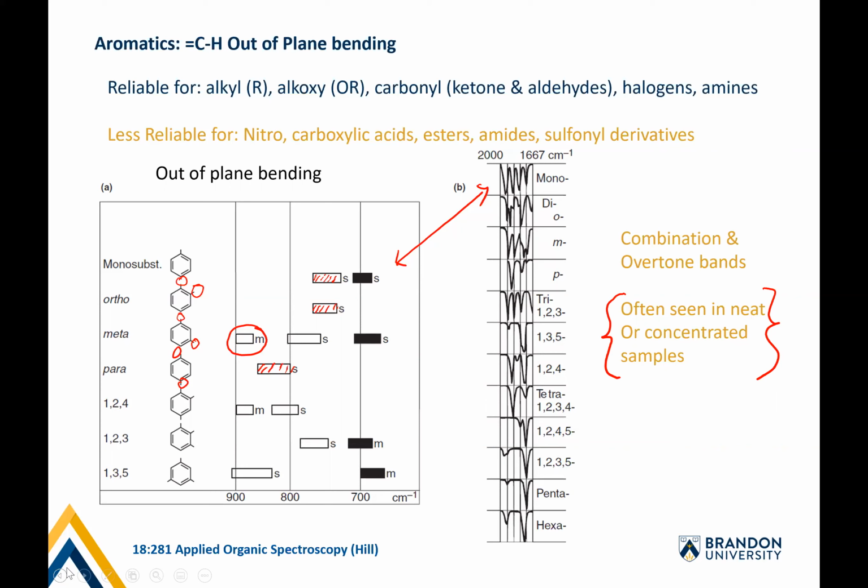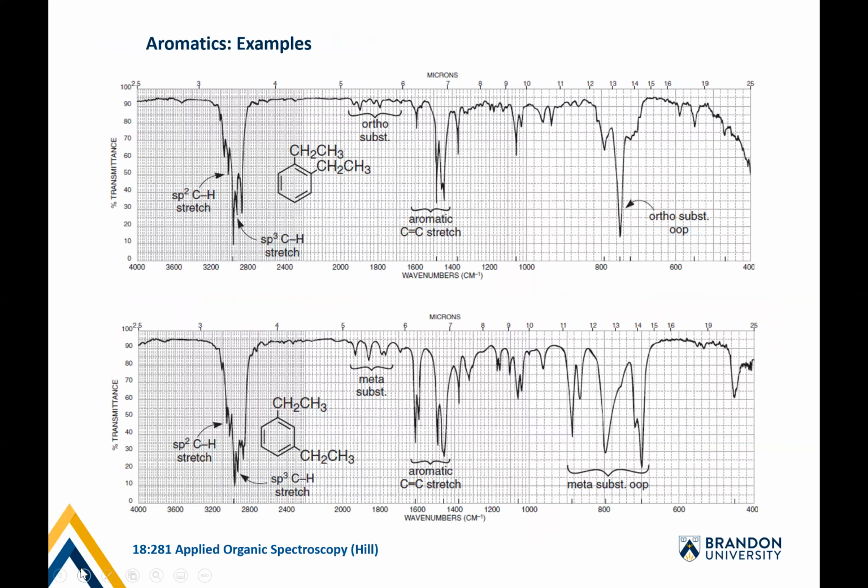The last slide is just a couple of examples. Same chemical formula, constitutional isomers, an ortho and a meta compound. You'll see that, again, CH stretches above 3,000.